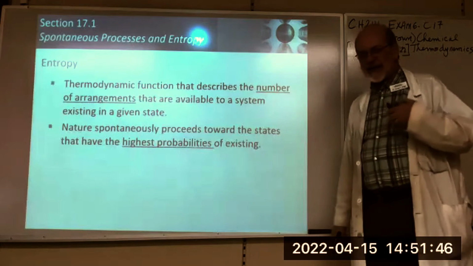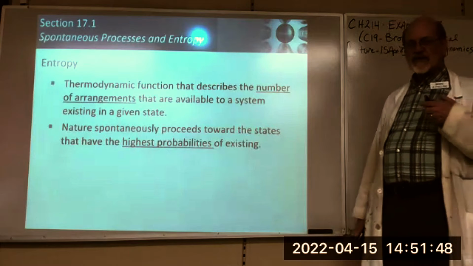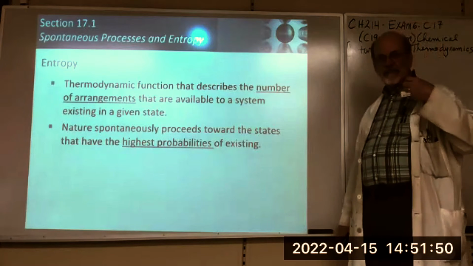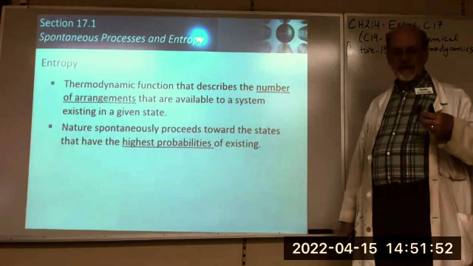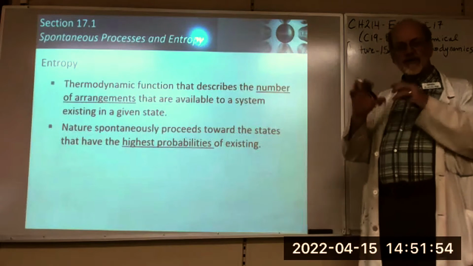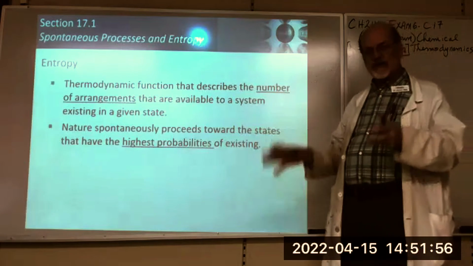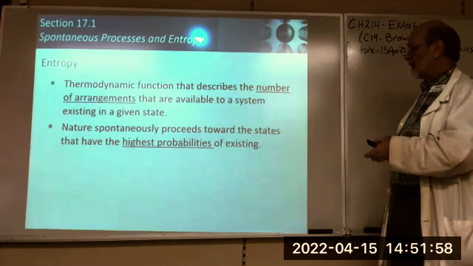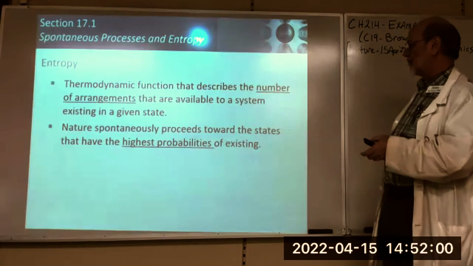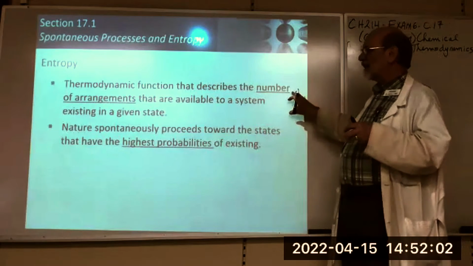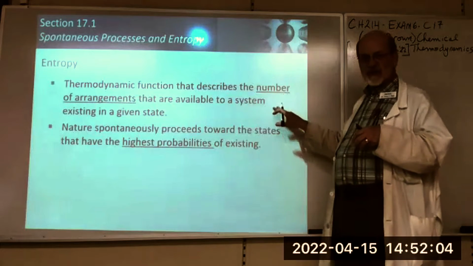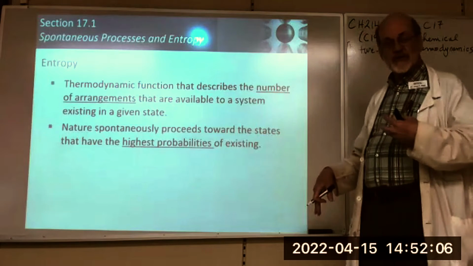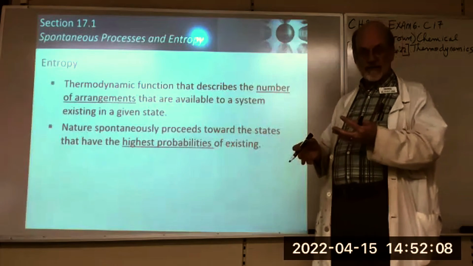A better understanding of entropy is in terms of the probability of all of these molecules being in a certain space. So we think of it in terms of the number of arrangements. How many possible arrangements of the molecules are there?